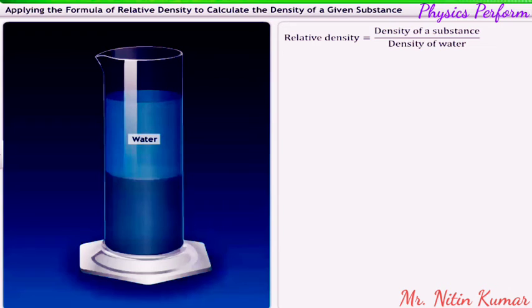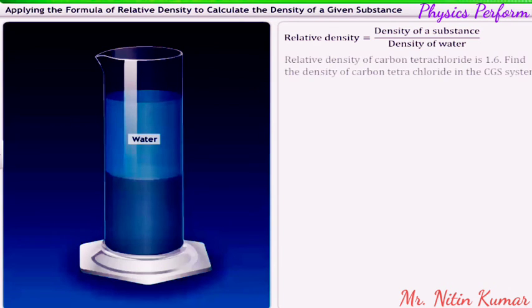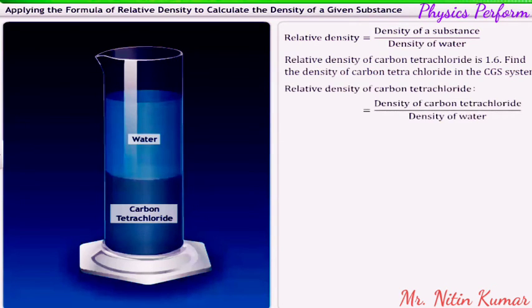For example, the relative density of carbon tetrachloride is 1.6. To calculate its density, let's substitute the given values in the formula. Relative density of carbon tetrachloride is equal to density of carbon tetrachloride divided by density of water. 1.6 is equal to density of carbon tetrachloride divided by 1 gram per cubic centimeter.